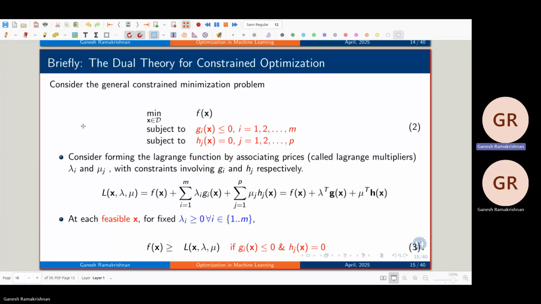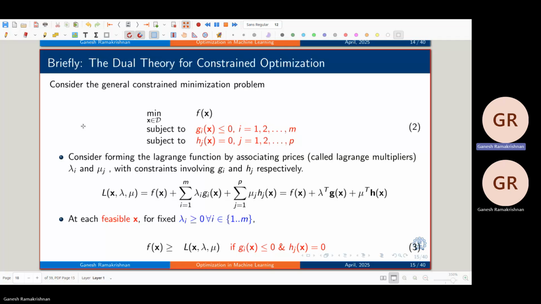Same logic. What I don't want is the inactive Gi's. If Gi is less than 0, then I don't want the lambda i to contribute. I don't want that component to be here. How does it matter if I'm sitting inside the solution space, inside the constraint region? My F, poor guy, the gradient of F should not be bothered by those gradients. Same idea. So you see a simple generalization of what we showed earlier.